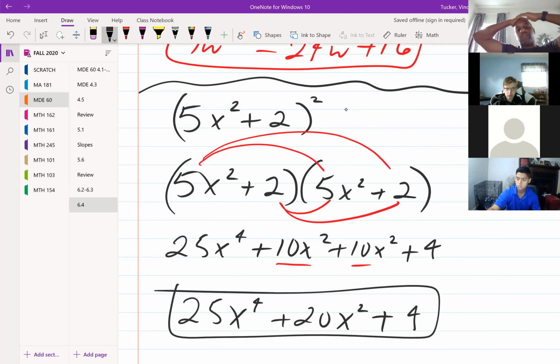Questions, concerns, comments on those two sections? All right. So, as always, try this stuff out. See if you get stuck on anything.